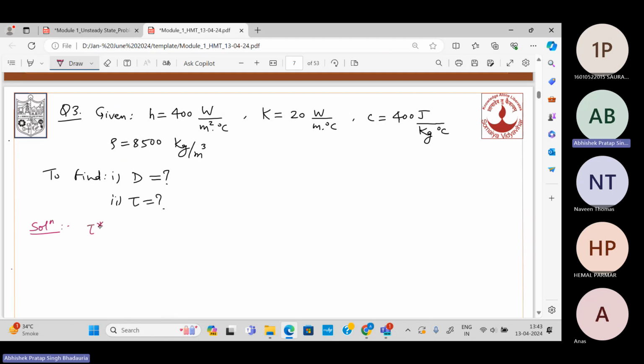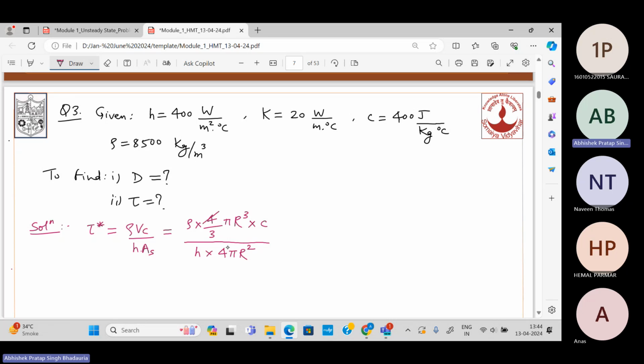The thermal time constant, denoted by tau, is given by rho V c divided by h A_s. Now simplify: rho into volume of a sphere, 4 by 3 pi r cube, into specific heat, divided by h into surface area, 4 pi r square.